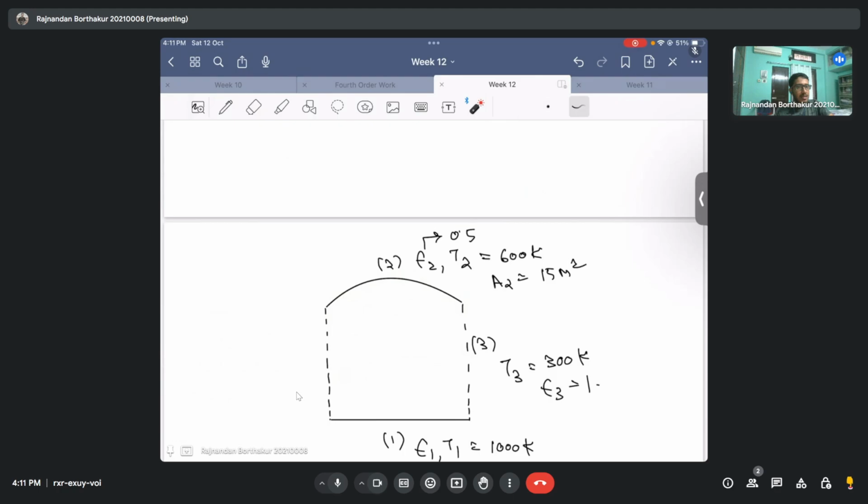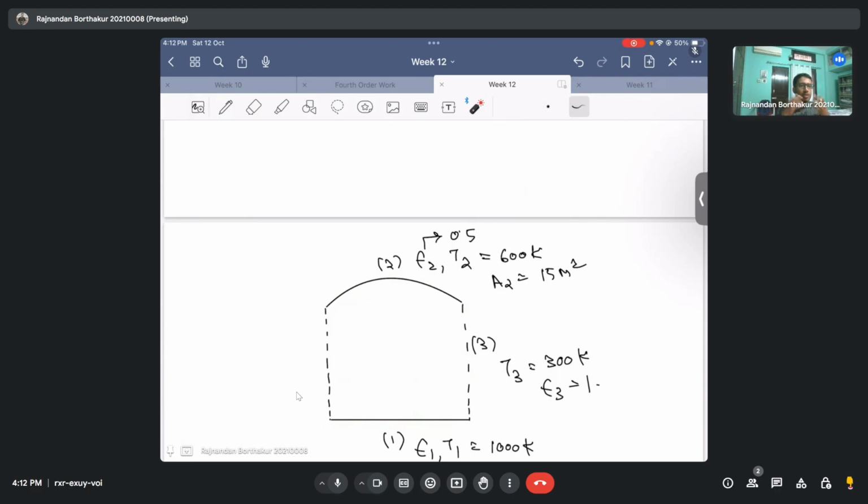But I could have easily written F23 is equal to F13 had this surface been a flat surface. And then due to symmetry, whatever fraction of energy would strike the surface 3 from the heater would be equal, had this been a flat surface, and it would basically strike this room, that is the surface 3. So that's the problem that we have.